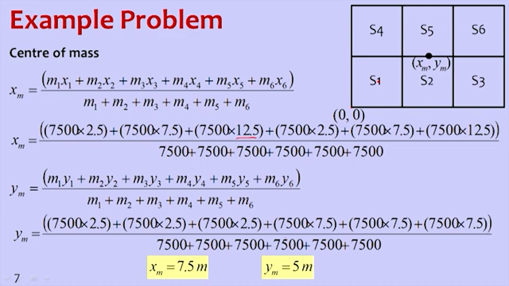So all put together we can calculate x cm as 7.5 meters from this origin, and y cm as 5 meters from the same origin. So our center of mass, we got it as 7.5 meters and 5 meters.